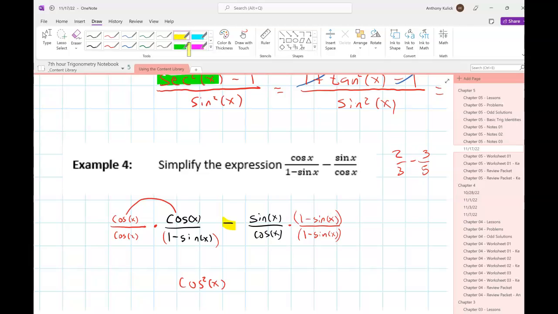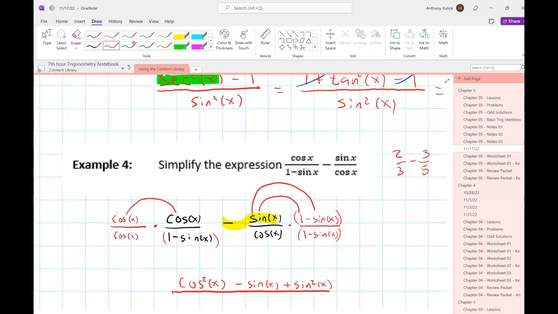But when I distribute, I have to make sure I'm distributing that negative sine x through. What's negative sine x times 1? Negative sine x. Yep. And then what's negative sine x times negative sine x? Positive sine squared x. Yep.